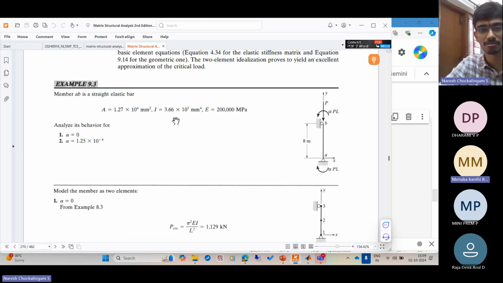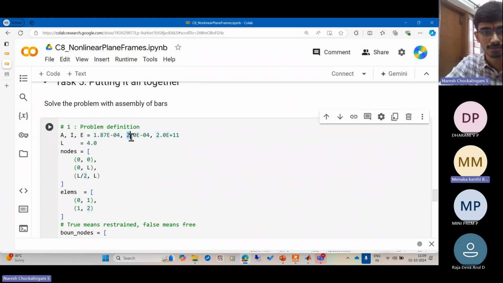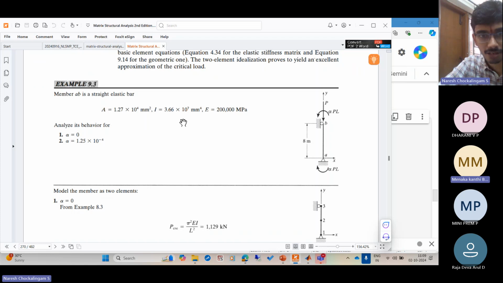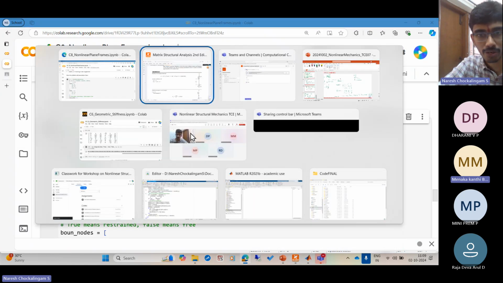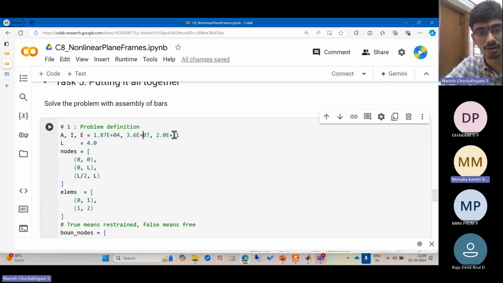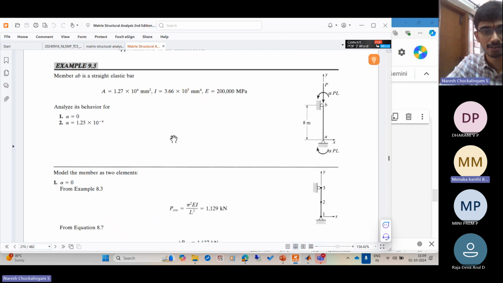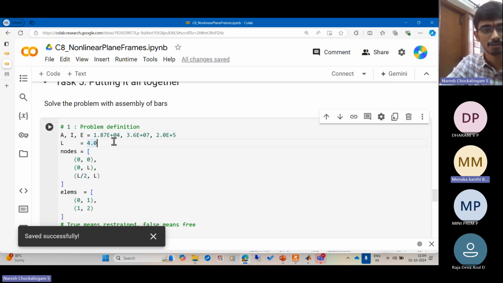I is 3.6 into 10 power 7. E is 2 into 10 power 5 MPa, and the final answers will be in kilonewtons. So length is 8 meters.